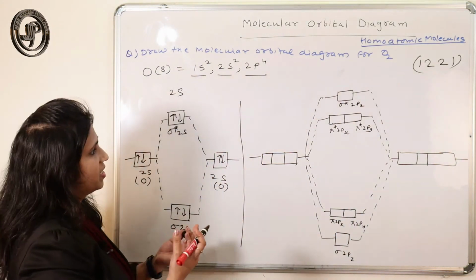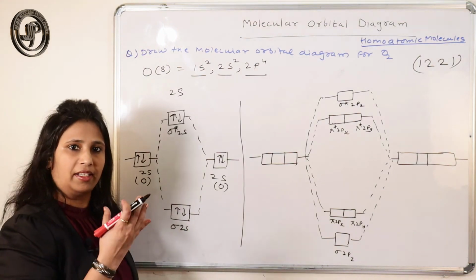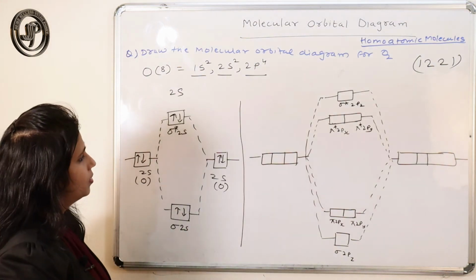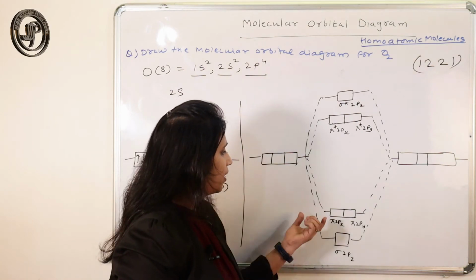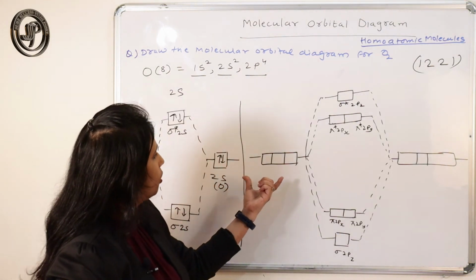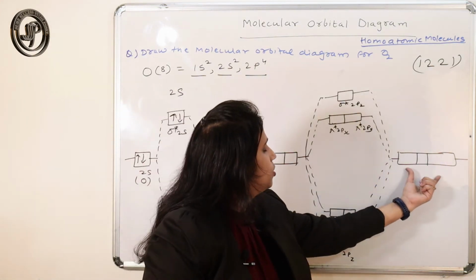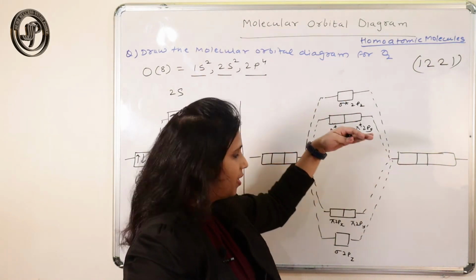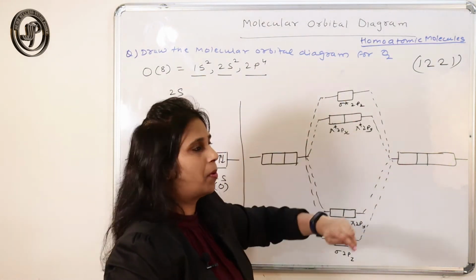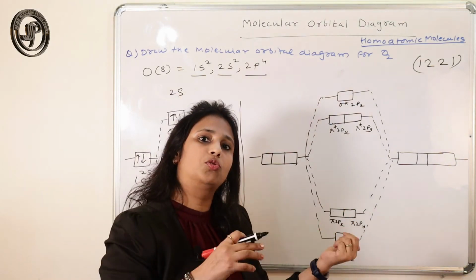Understanding the thing is very easy, but drawing it in the exam is difficult. So be cautious: first I need to write the atomic orbitals and then their bonding part and anti-bonding part with the rule 1, 2, 2, 1 or 2, 1, 2, 1.